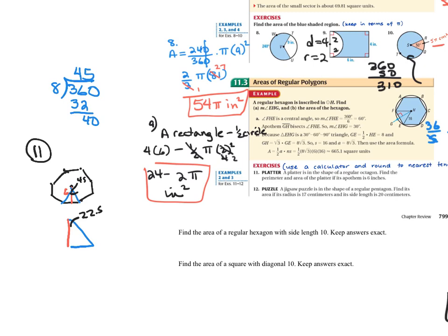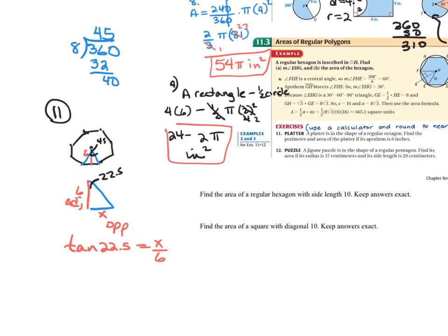So already I know that I've split this into 2 isosceles triangles. I know my apothem is 6. I need to figure out how long my side length is. I need to find this side here. In relation to the 22.5, this is going to be opposite, and this is going to be adjacent. So tangent of 22.5 is equal to x over 6.